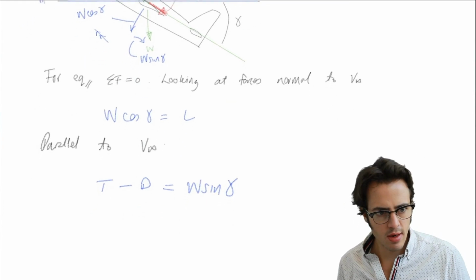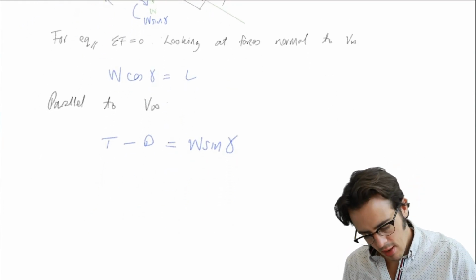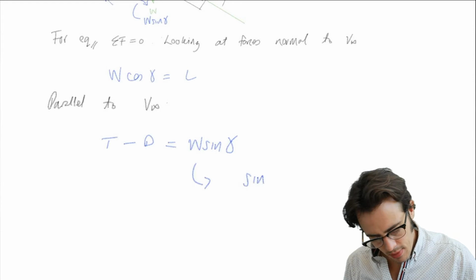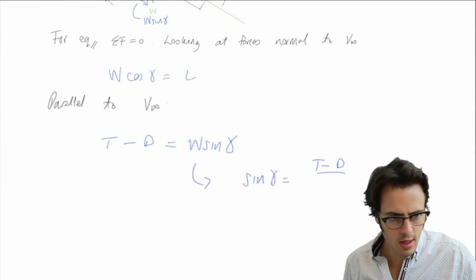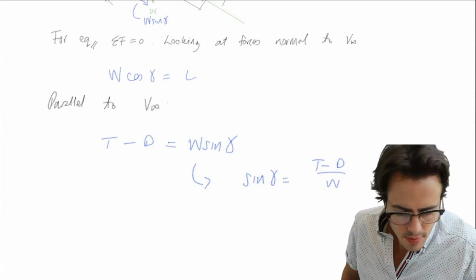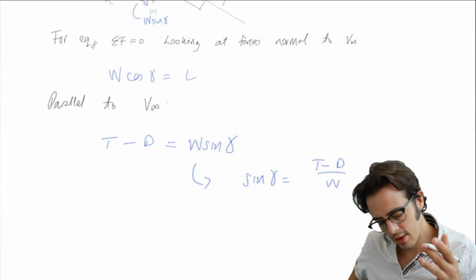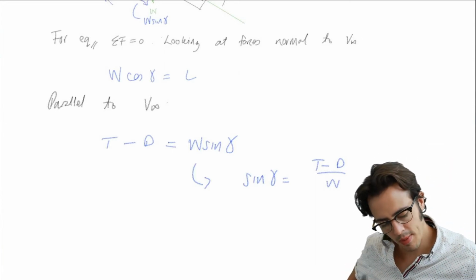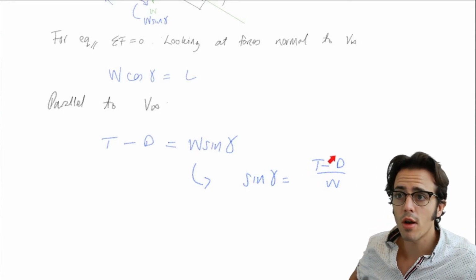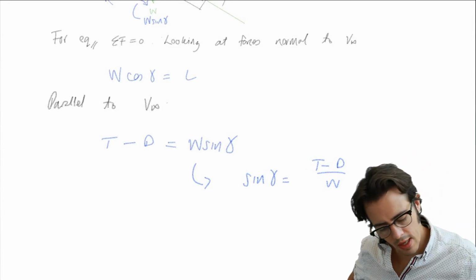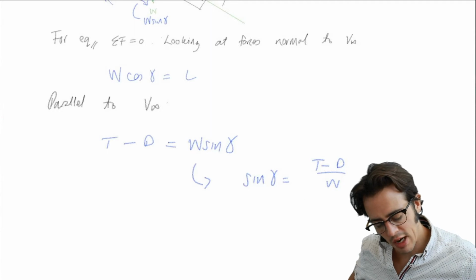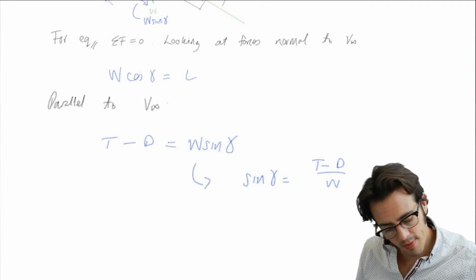So we can then look at the relationship between these. We can say, okay, well, sine gamma is therefore equal to the thrust minus the drag divided by the weight. So that gives us the climb angle. Immediately we can say that a climb angle is going to be larger if we have more thrust than we actually require due to the drag, and it will be bigger if we have a lower weight aircraft.